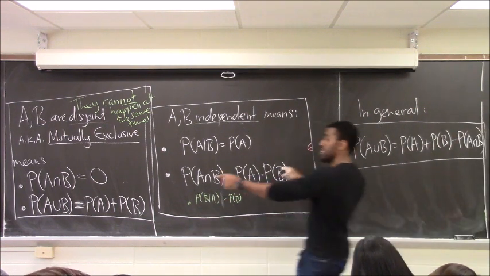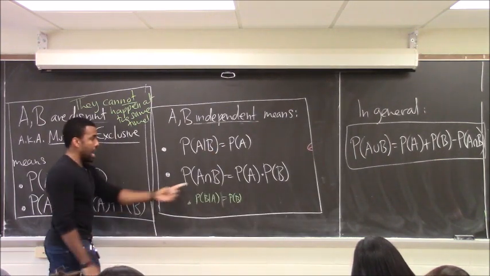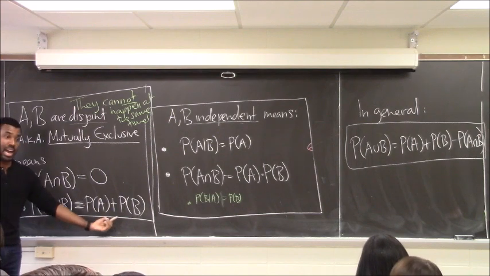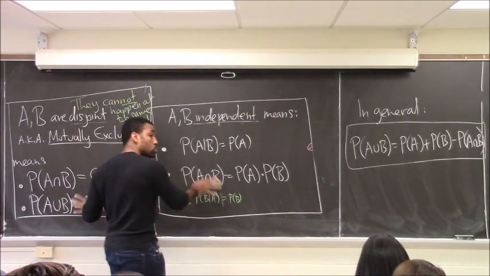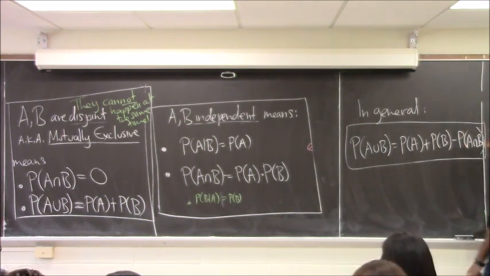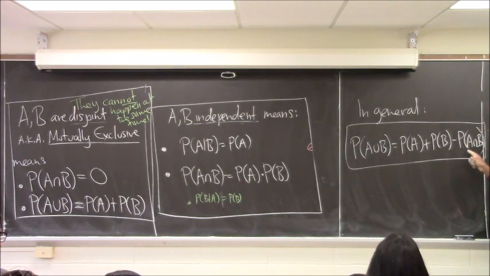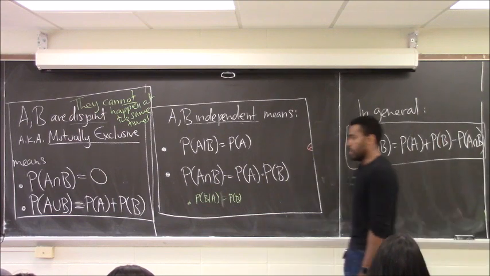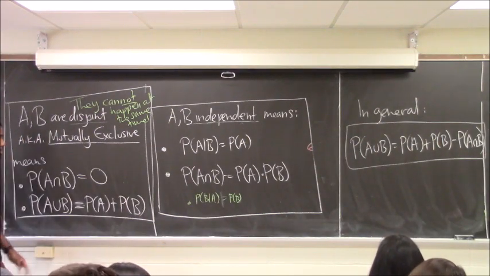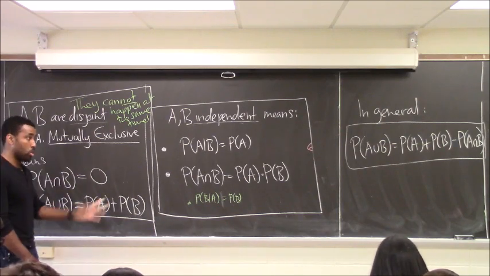However, in two very specific circumstances, AND is translated as multiply, and OR is translated as add. So these two are not always true. They happen in very specific circumstances. This one is true in general. That's always true. But be careful when you're adding probabilities and when you're multiplying probabilities.